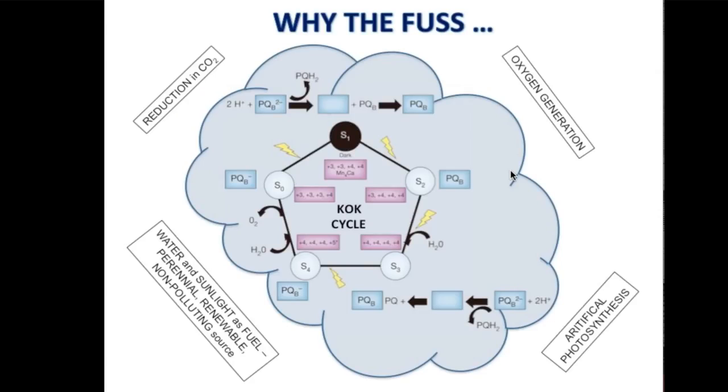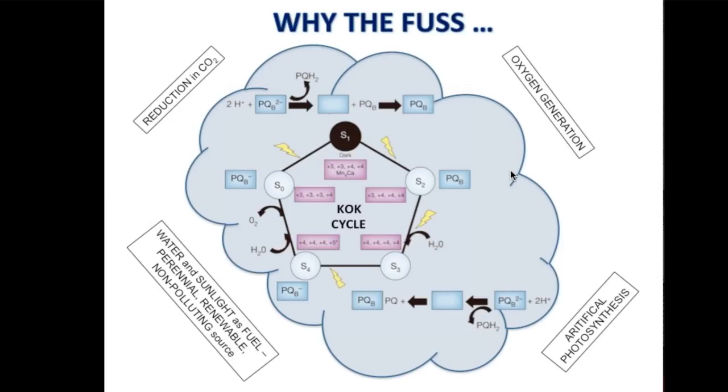So why the whole fuss? This is the Kok cycle right at the center of the bubble, and it basically represents the catalytic activity of the oxygen evolving cluster, which is a part of the huge photosystem 2 molecule biological system. And some of the most important consequences if we end up solving or identifying and characterizing the entire catalytic process would be, first, it would give us a breakthrough in terms of pushing towards artificial photosynthesis, as you can see on the bottom right.